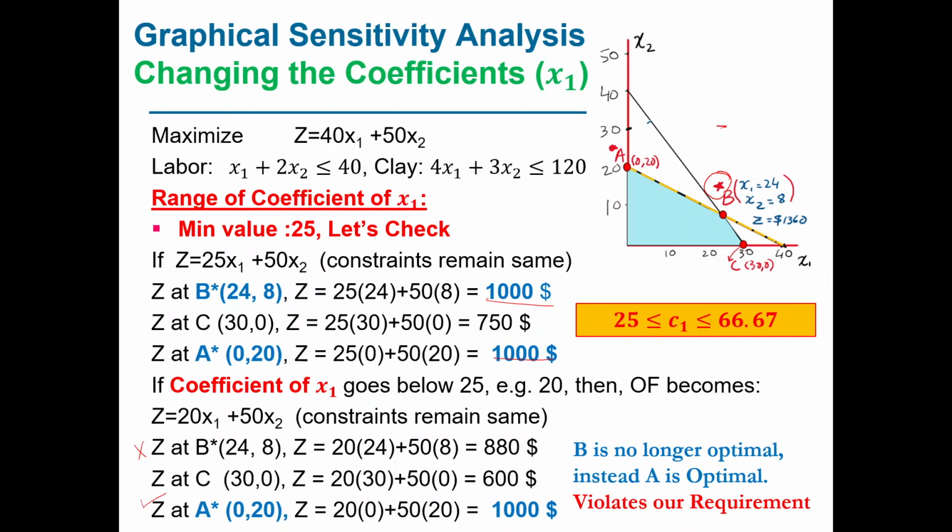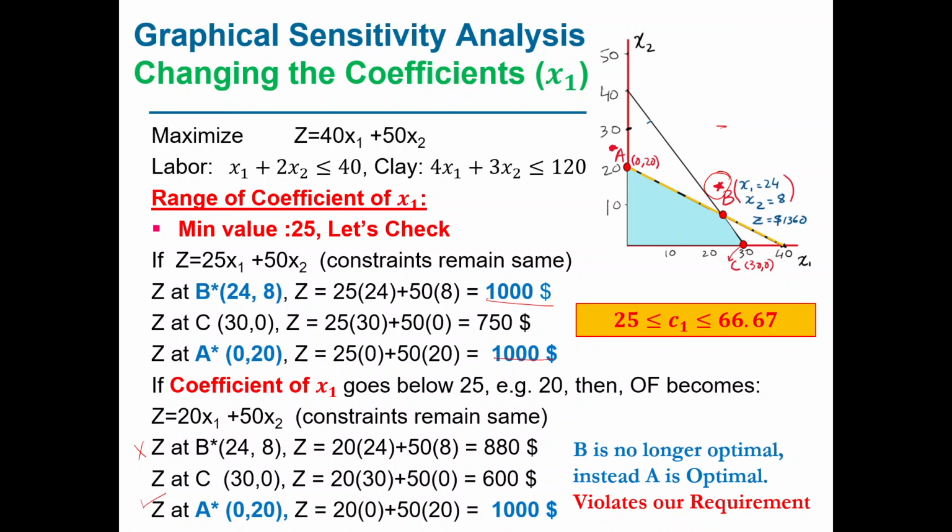Based on this discussion, we can say that the range of the coefficient of x1 is from 25 to 66.67. We have tested it, and we see that any value exceeding 66.7, or any value falling below 25, will change the optimal point B to another point, C or A, whichever it is.